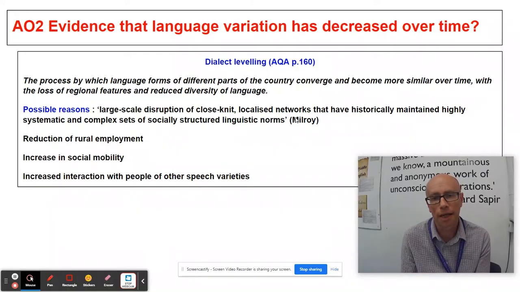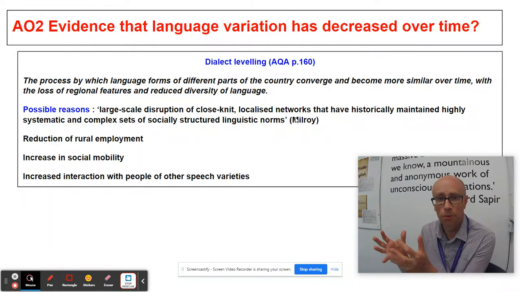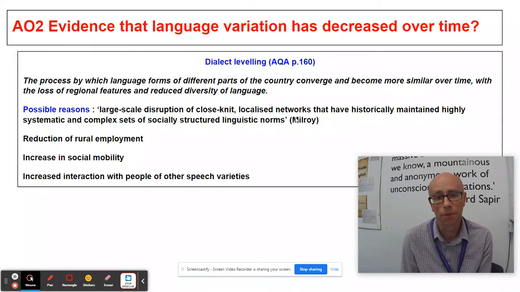There's a good definition there from Leslie Milroy, the linguist, who says that it is the large-scale disruption of close-knit localized networks that have historically maintained highly systematic and complex sets of socially structured linguistic norms. So people are no longer being born, growing up, working and dying in very small communities. People are moving around. Okay, we have also the reduction of rural employment, so there are fewer people working in the countryside, and therefore there's fewer uses of language that are distinctive to that part of the countryside.